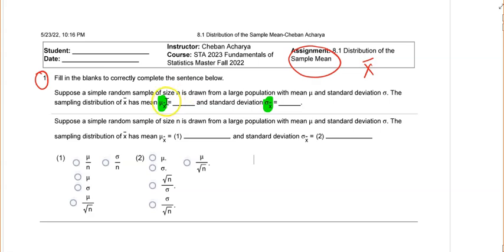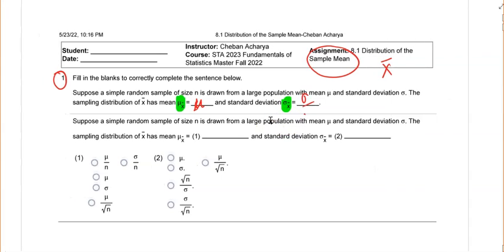The formula for mu x bar is just mu, which is the population mean. And the formula for the standard deviation of the sampling distribution of the sample mean is sigma divided by the square root of n. That's the formula, and you can select the right answer from the choices given.